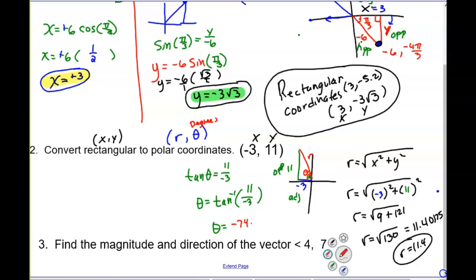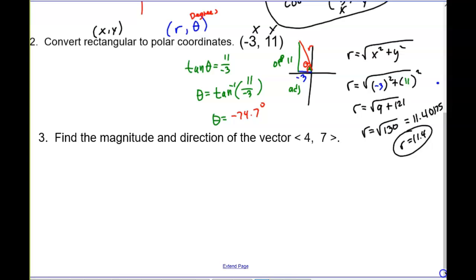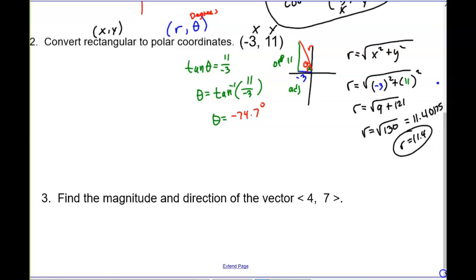And you have to be really careful too. Is that my answer? Well, let's check. If I was to graph negative 74, that tells me to go this way, I would end right about here. That's not the angle measure I need. Right? I need the angle measure that goes from 0 to the radius, the initial side to the terminal side.